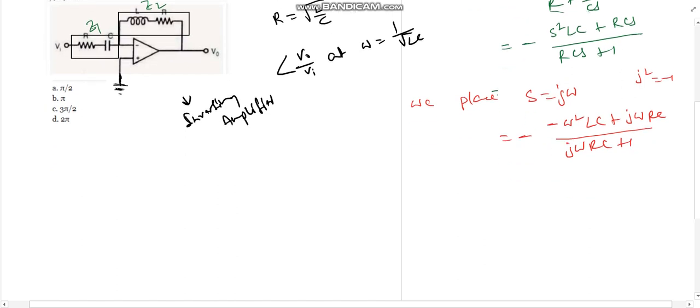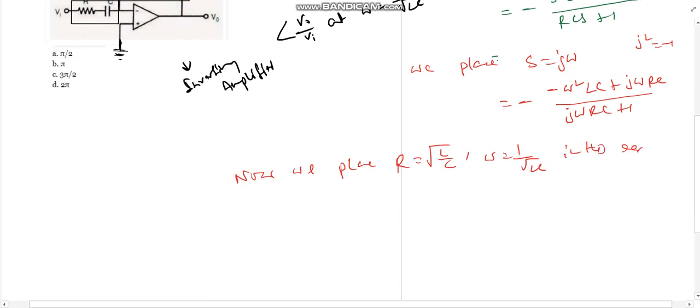Now we place R equal to root over L by C and omega equal to 1 by root LC in this equation.